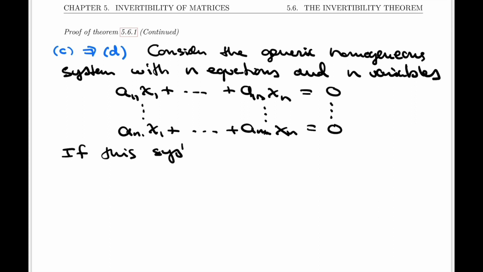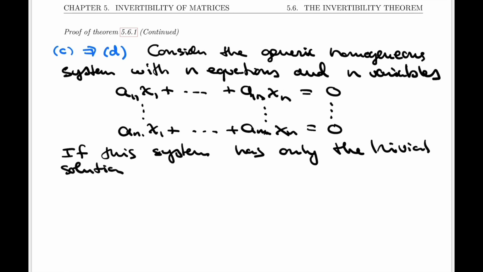if this system has only the trivial solution, well, of course, the trivial solution is the solution where x1 equals 0, x2 equals 0, all the way to xn equals 0.